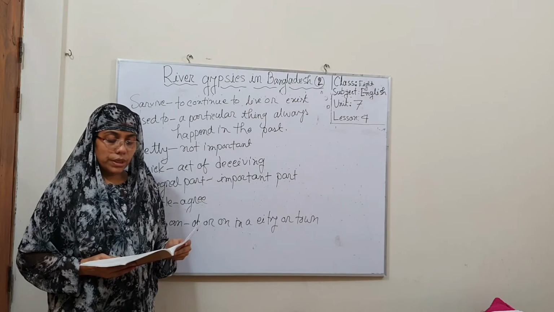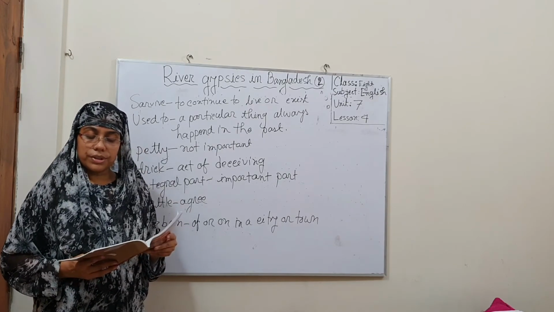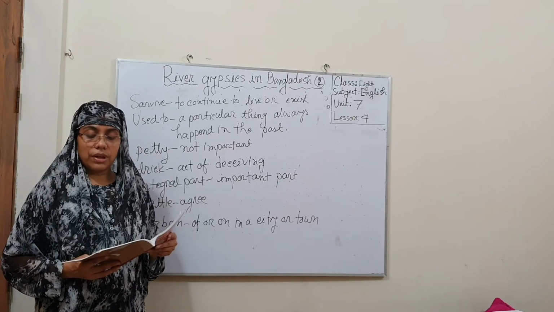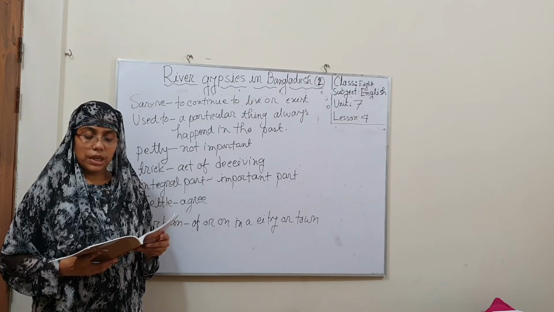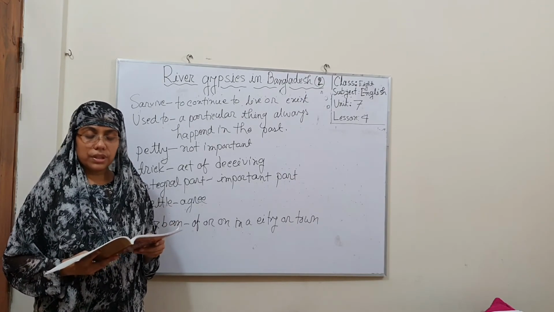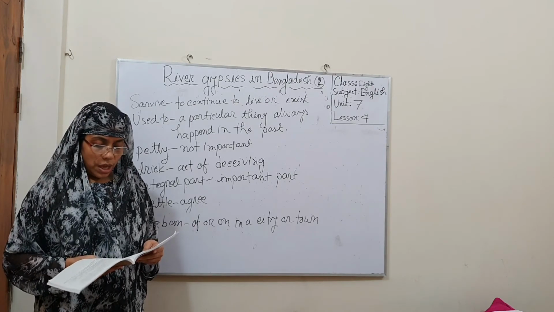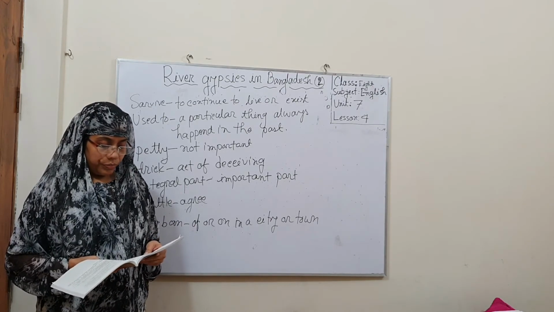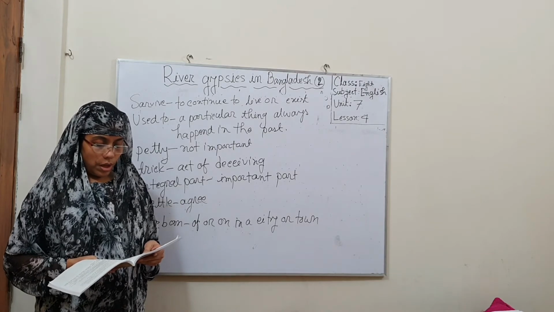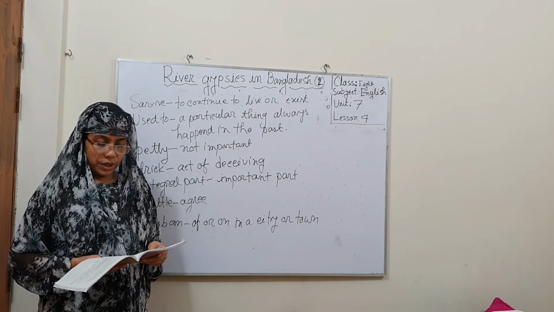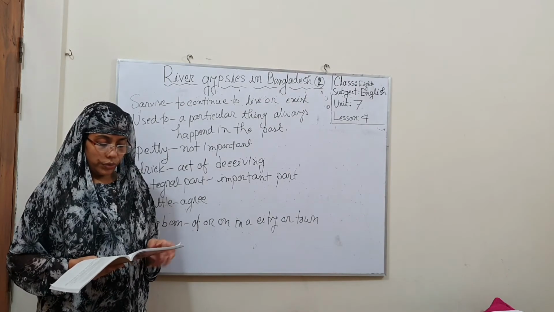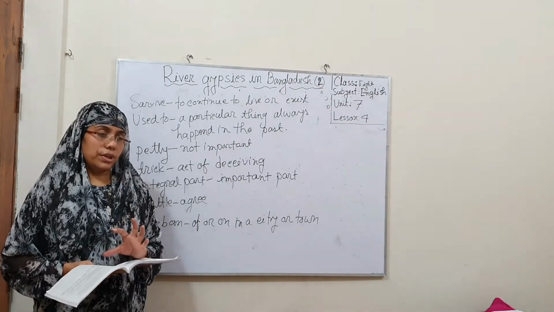And number 3, why are many river gypsies thinking of changing their lifestyle? Yes, they are thinking of changing their lifestyle because many river gypsies are changing their lifestyle in the context of changed reality.